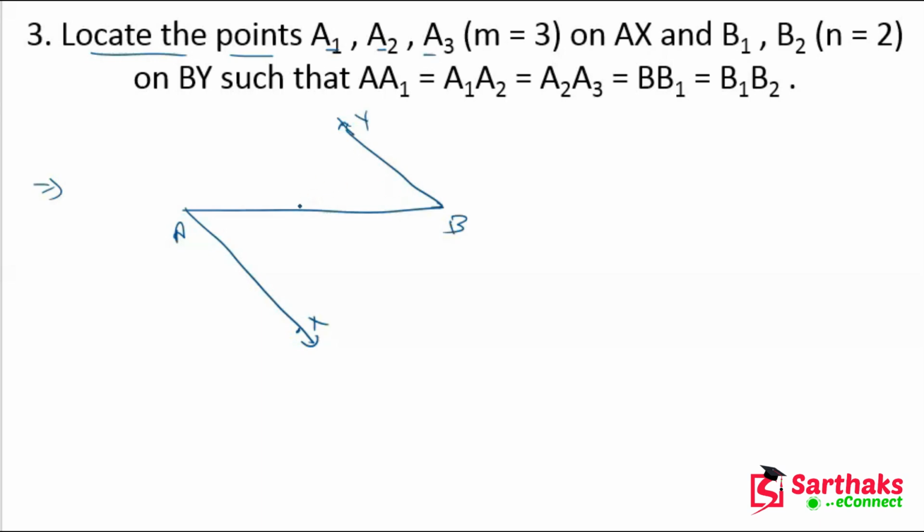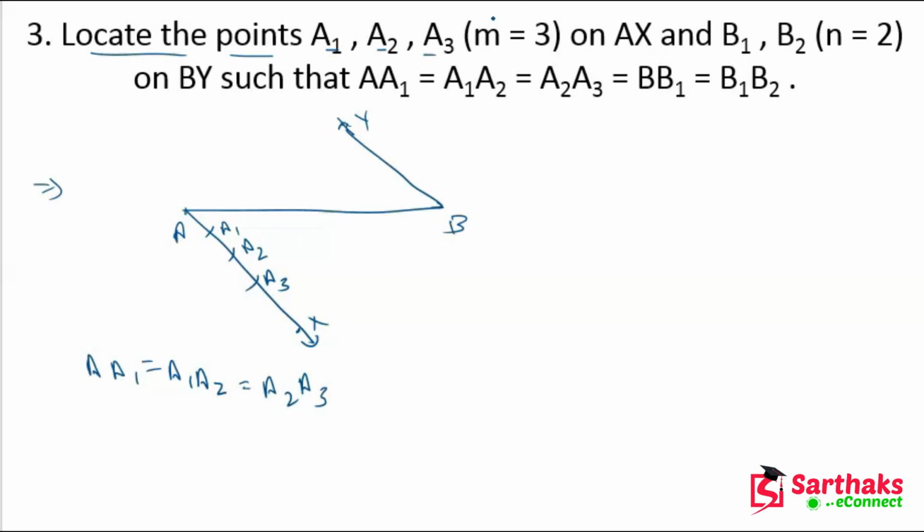Now in this we have to cut arcs A1, A2, A3 with the help of compass like this. These lengths are equal, which means A1 is equal to A1A2 is equal to A2A3.